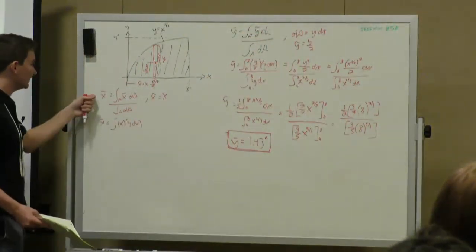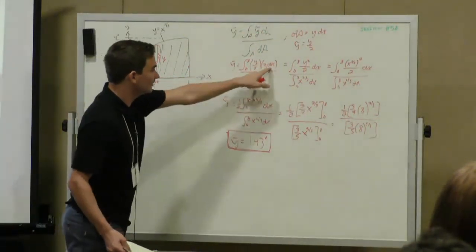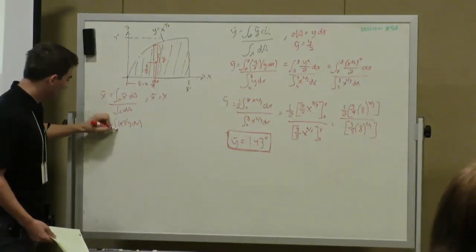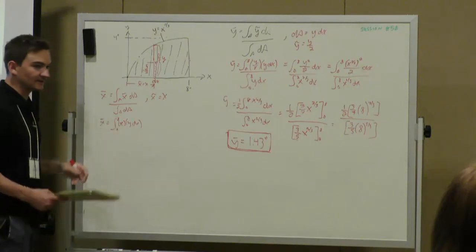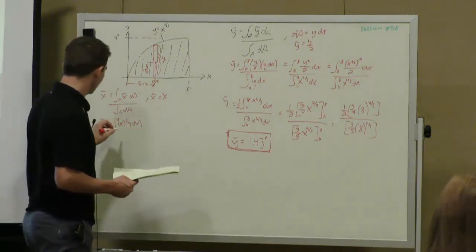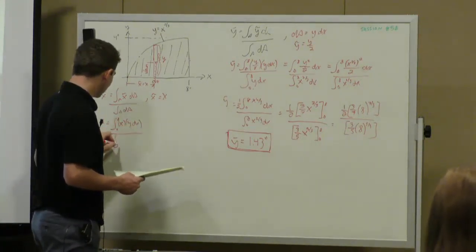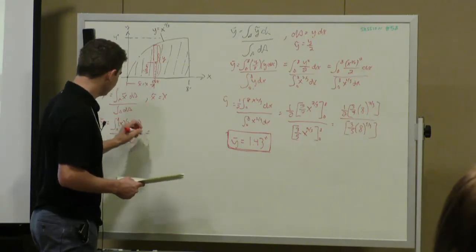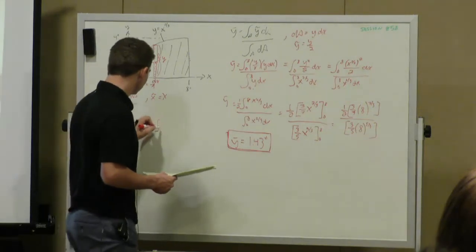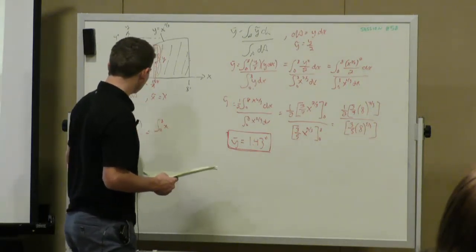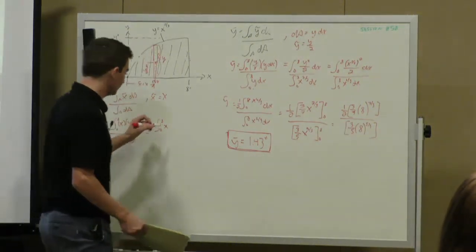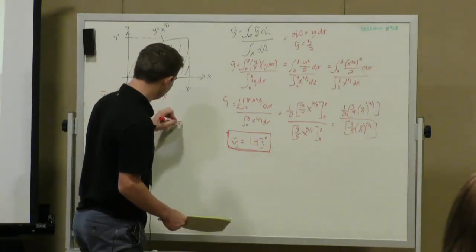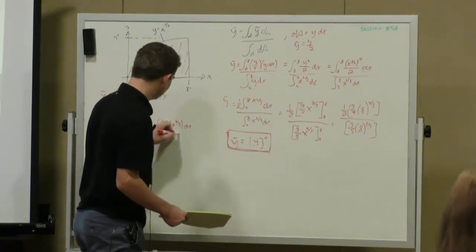So for x bar, it's still 0 to 8 because we have a dx there. So that's the numerator; the denominator is 0 to 8, y dx. And what do we substitute for y? We substitute our function, x to the 2/3, dx.